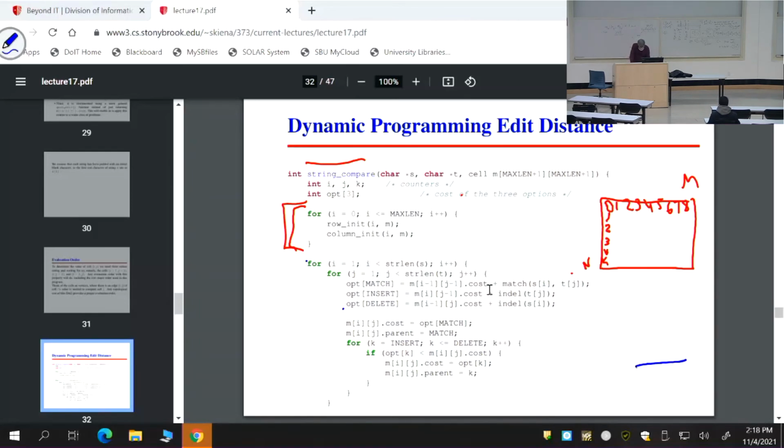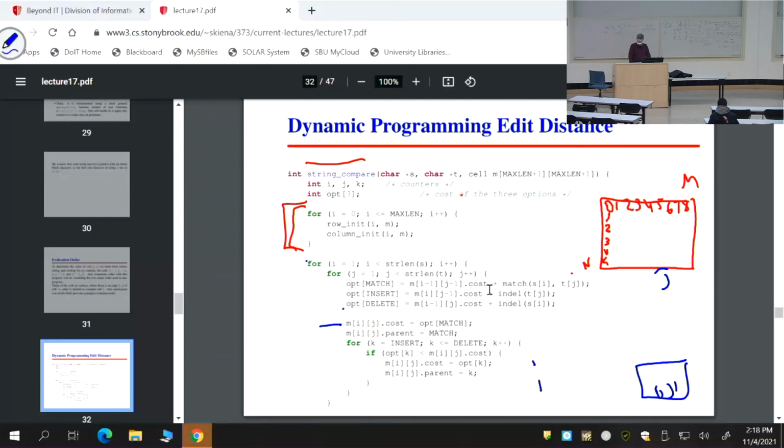If this was i, and this was j, and this is the ijth cell, what cells do I need in order to compute the value of the ijth cell? What cells do I need to be ready for me?